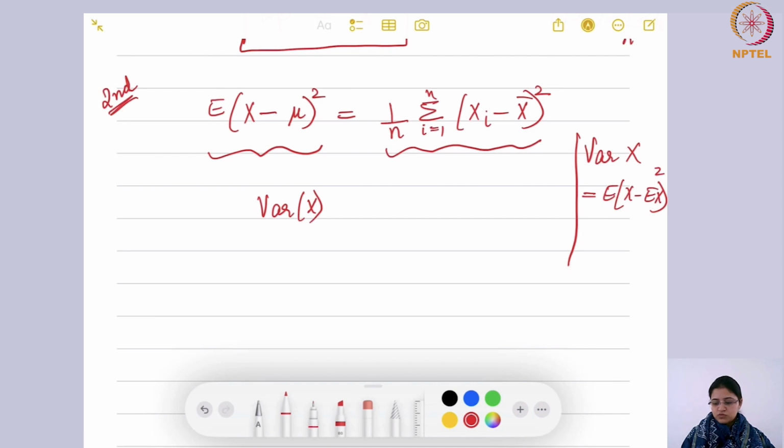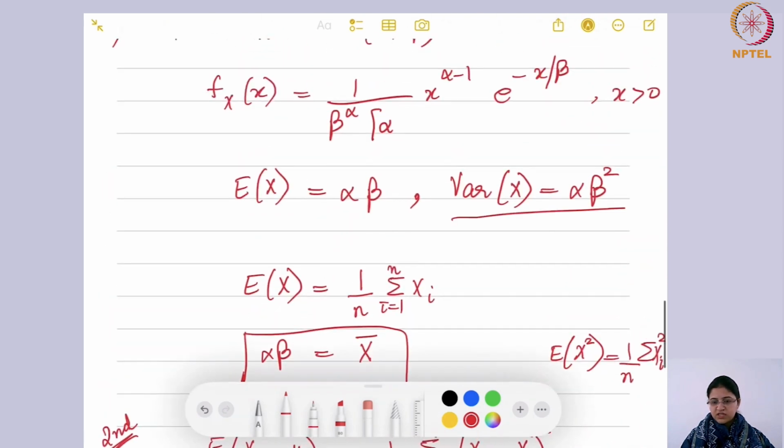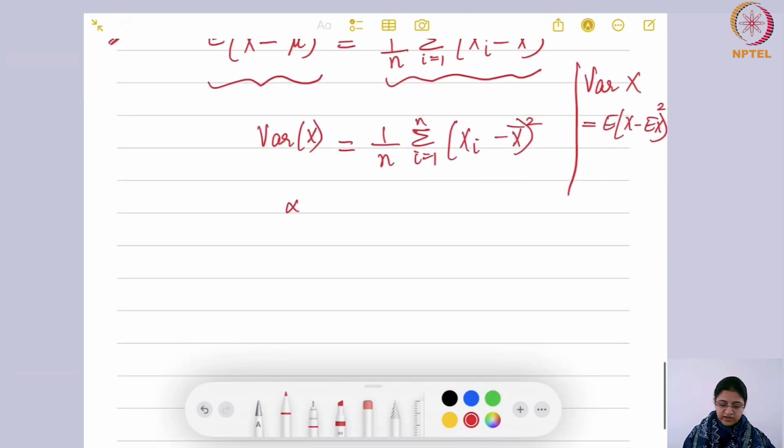So in this case also, this is the variance of X, and this is 1 over n summation i from 1 to n (Xi minus X bar) whole square. Now what is the variance of X? We have initially said that it is alpha times beta square. So we can substitute that: alpha times beta square equals 1 over n summation (Xi minus X bar) whole square.